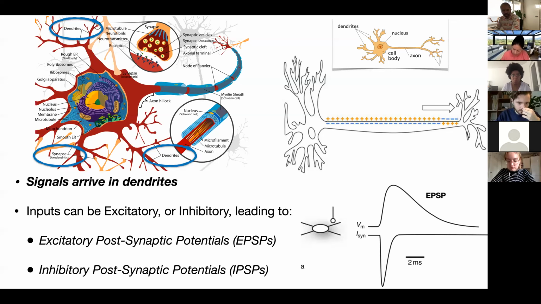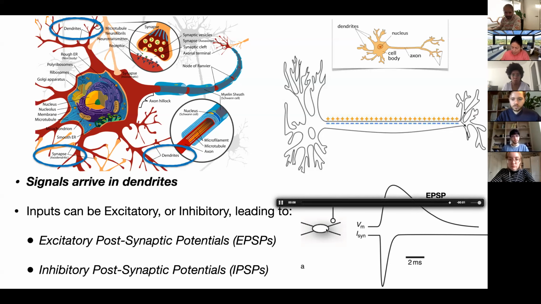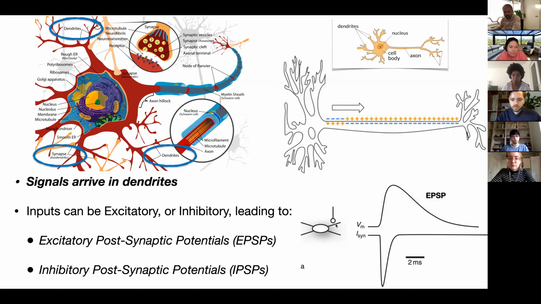Now, what does that look like? In a very simple schematic, and then I'm going to repeat this type of schematic. So let me just explain what the different parts are. Here we see the soma, and here are some dendrites. If you see a circle going onto that dendrite, that reflects an excitatory synapse onto that dendrite.